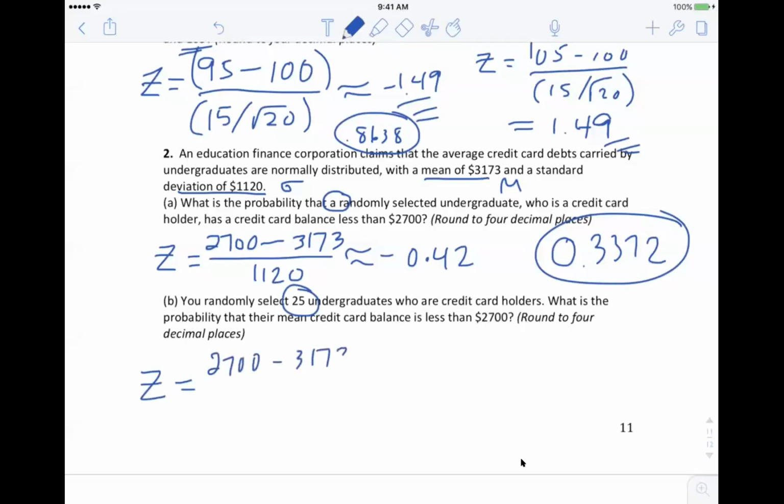The only change is in that denominator, divided by the square root of 25. I've got to work on calculating that correctly to get my correct z-score. And I'm coming up with negative 2.11.